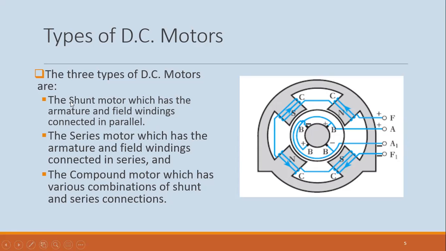So that is one type of connection. Another type would be to connect the windings in series. And then the other type now is to have a series parallel kind of combination, form a compound machine, a compound motor in this case.